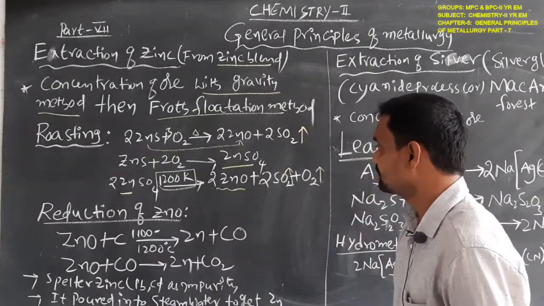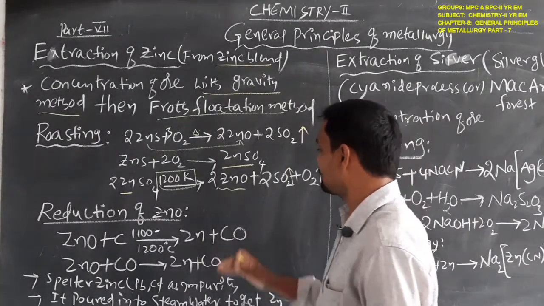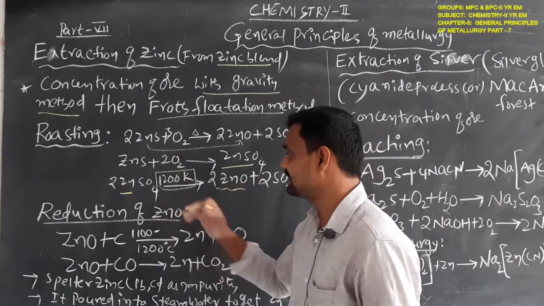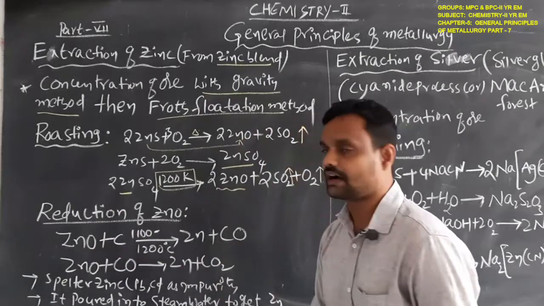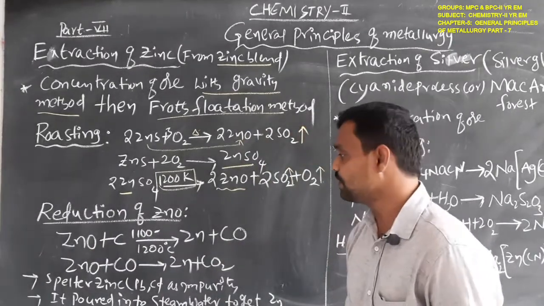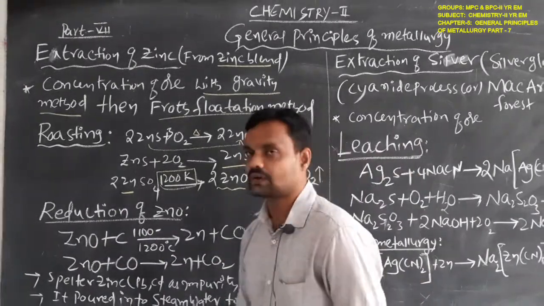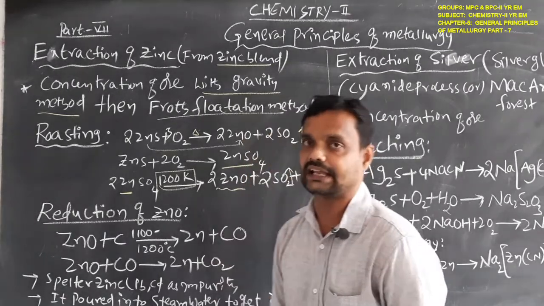Then we do the reduction of this metal oxide, zinc oxide; that is the step. So, reduction of the zinc oxide. Here coke and carbon monoxide are used as reducing agents.